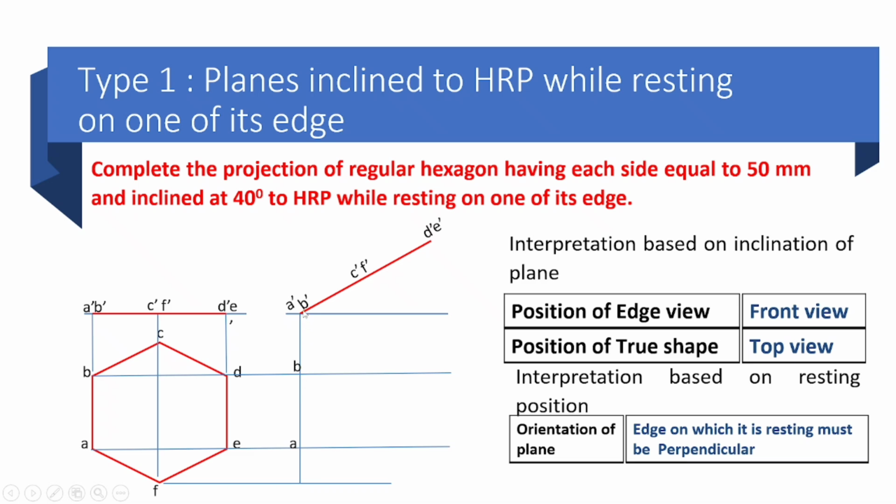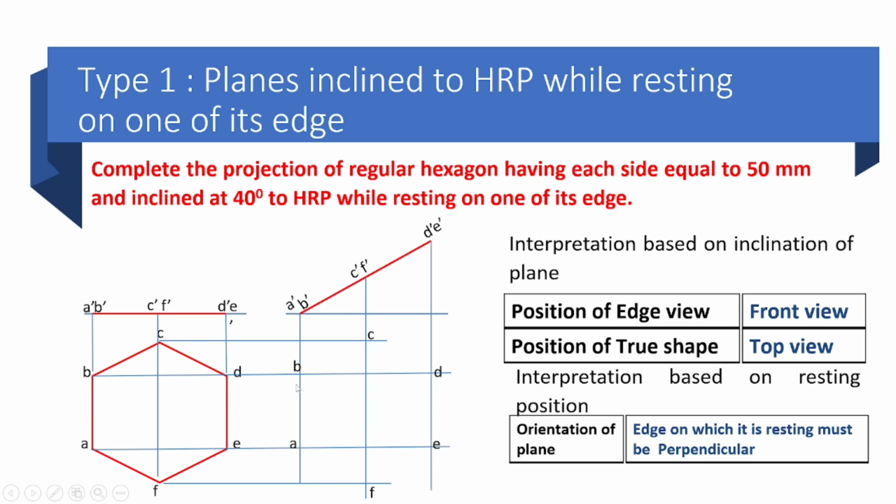So we have got the point B, the intersection of these two projectors. Please note, projectors are to be drawn by thin lines. So let us get the point C, point D, point E and point F.